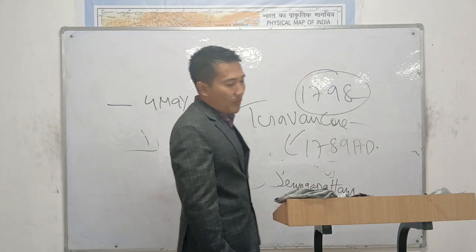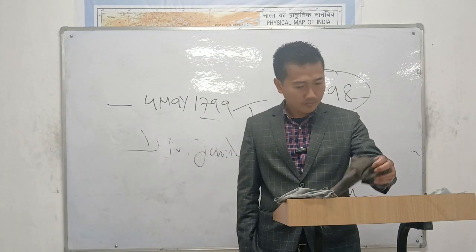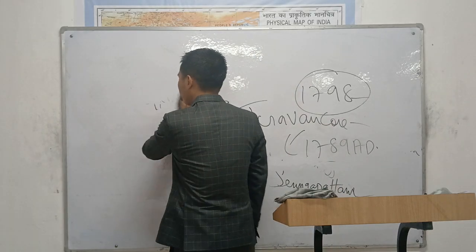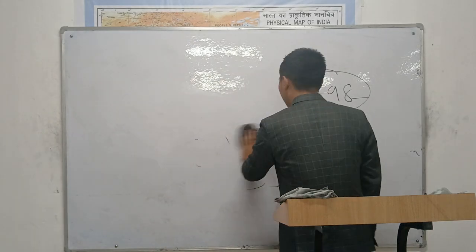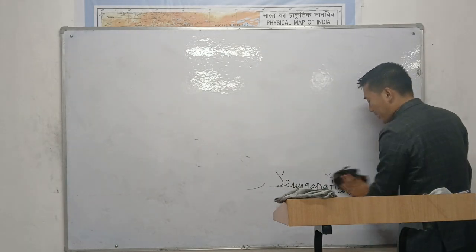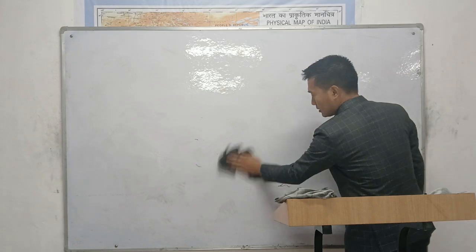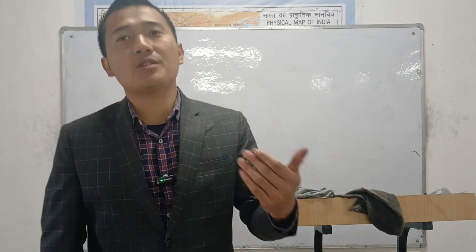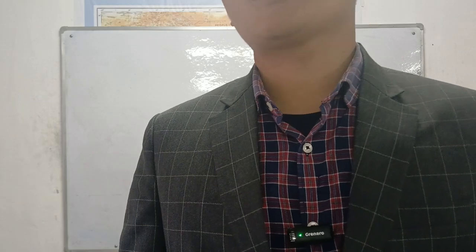So now, we all know the British are very clever. Since we have captured the Mysore kingdom, now we have to capture the Marathas.